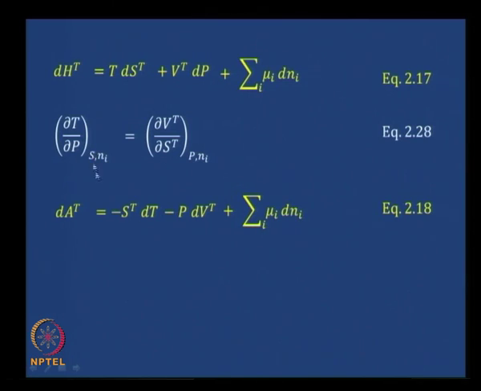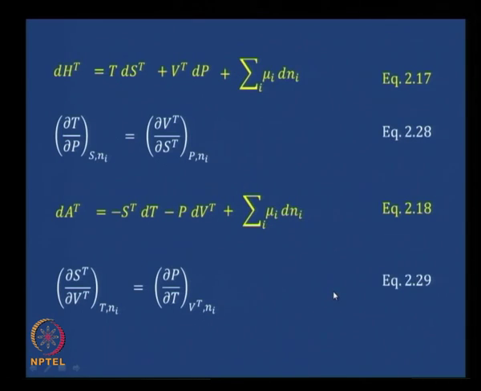Now, it must become second nature to you. ∂St/∂Vt, note both are minuses here, so you do not have to worry about it if you take these two. ∂St/∂Vt at constant T and all other ni equals ∂P/∂T at constant Vt and all other ni. We will call this equation 229.